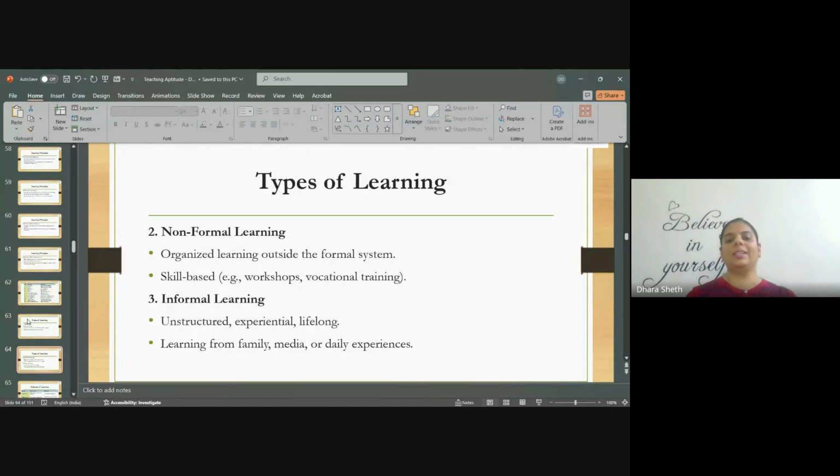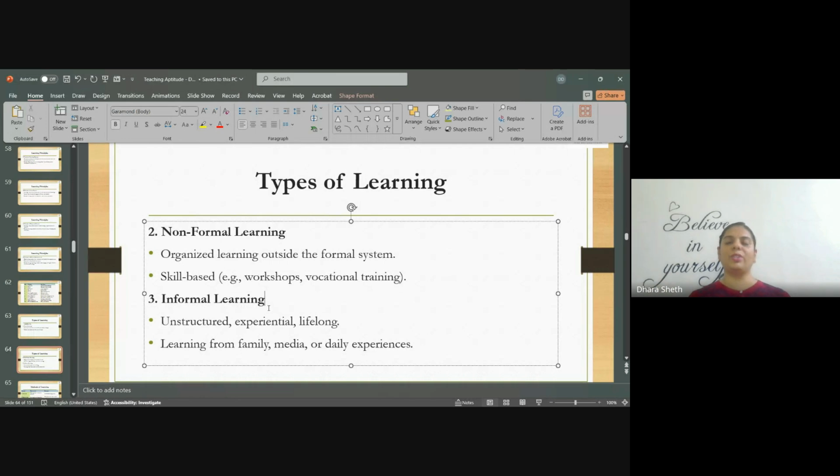Non-formal is something that is outside the schools and colleges. So it is skill based, like workshops, vocational trainings, something that you are doing right now. It's a course, but it's not exactly going to be a degree that you will write in your resume or CV. Informal learning is something that you learn from life.